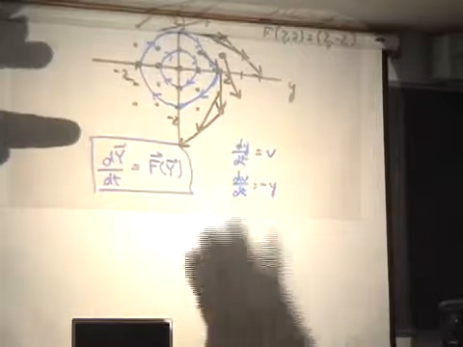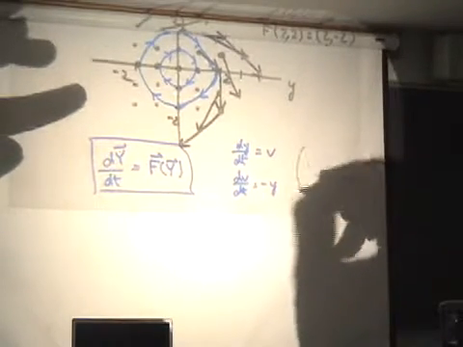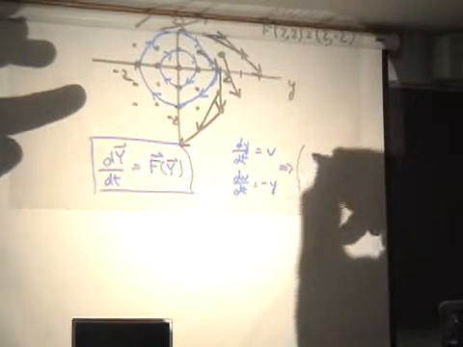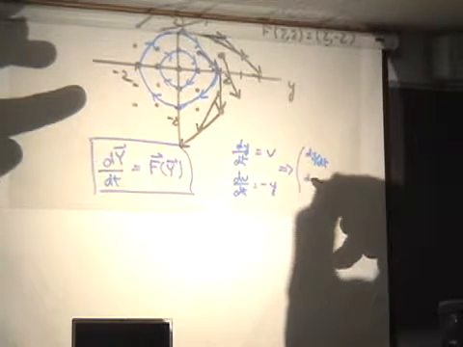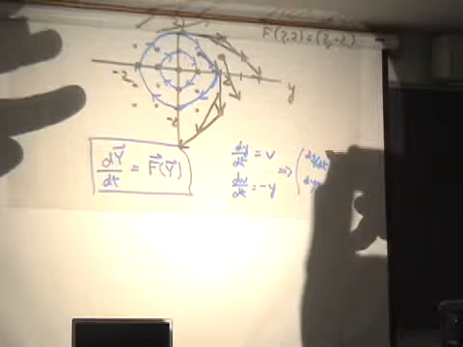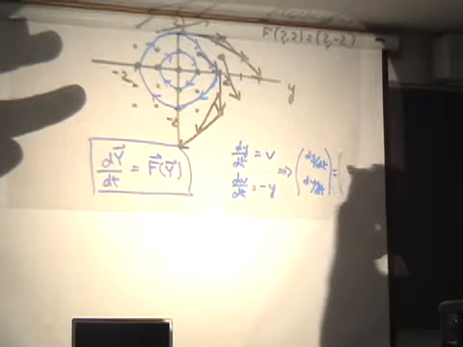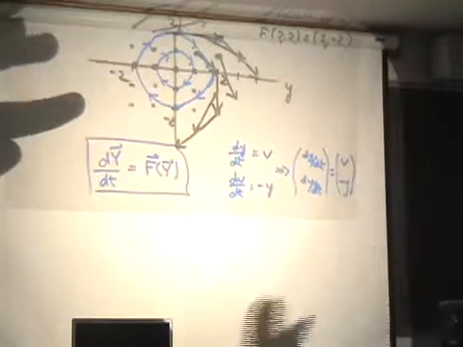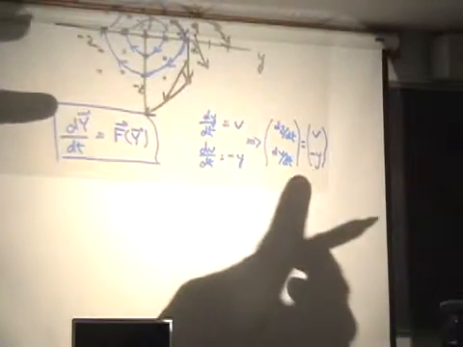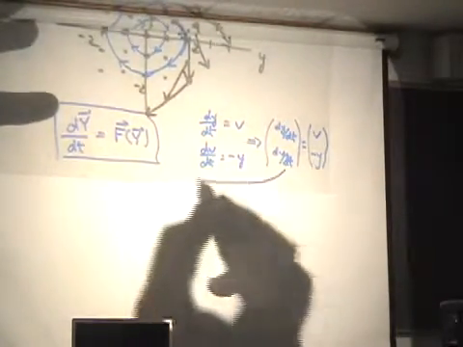If I take that system of two scalar equations and think of it as a single vector equation, with dy/dt in the first component, dv/dt in the second component on the left-hand side, and the right-hand side equaling v for the first component and negative y for the second, this is a shorthand way of writing that.